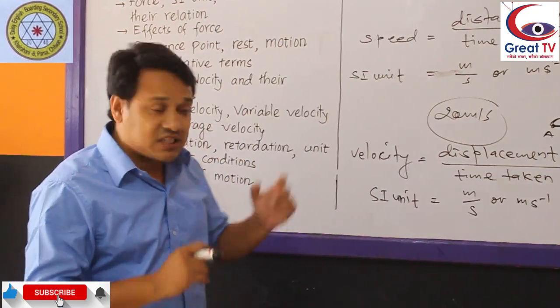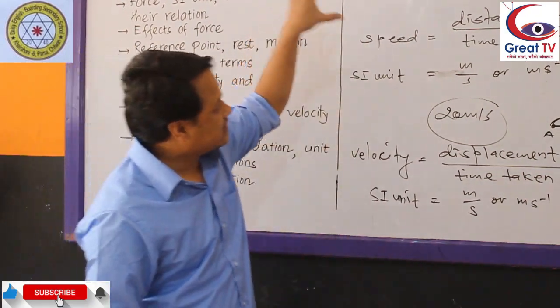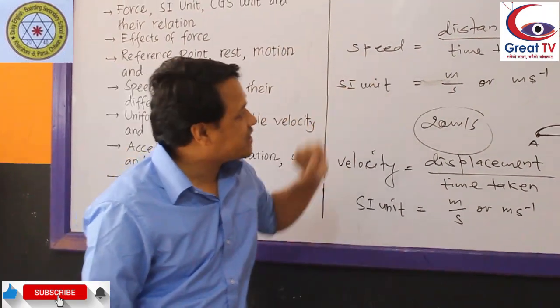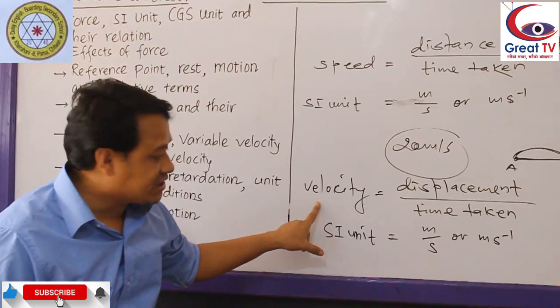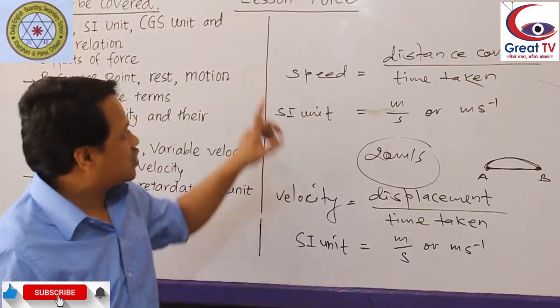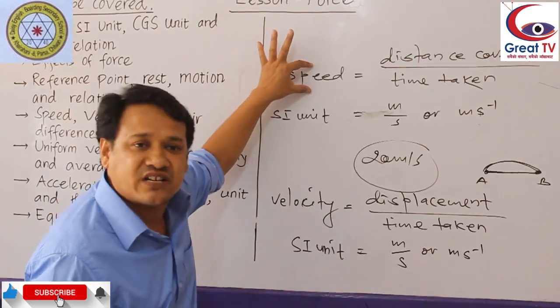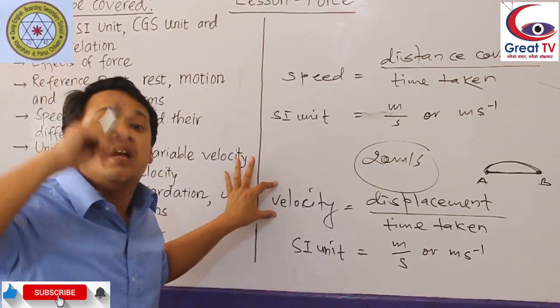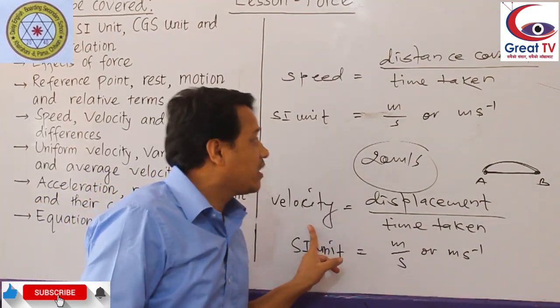This is the difference. That's why speed is rate of change of distance, velocity is rate of change of displacement. Particular direction is not necessary for speed, but it is compulsory for velocity.